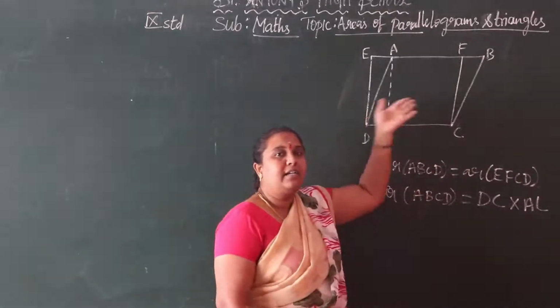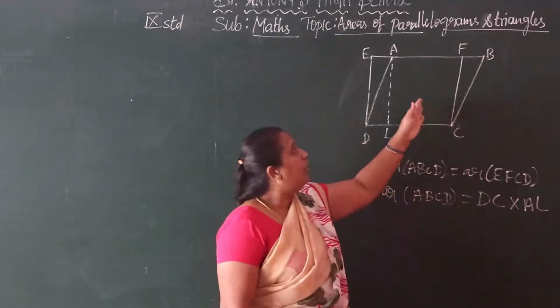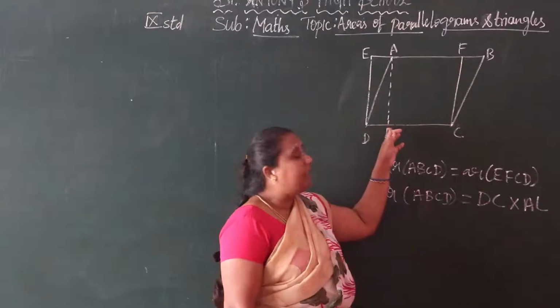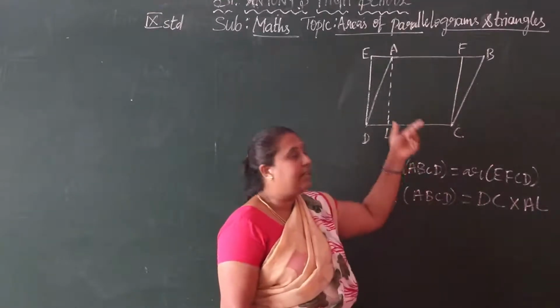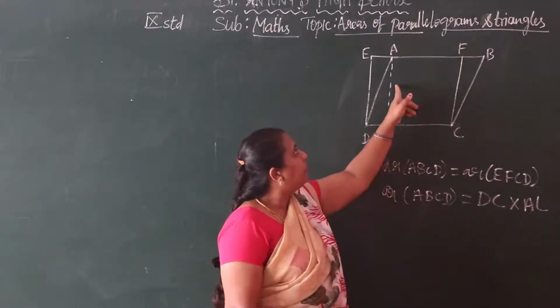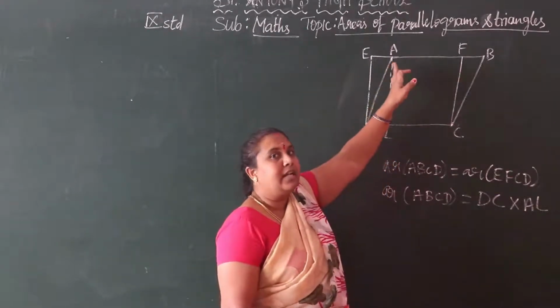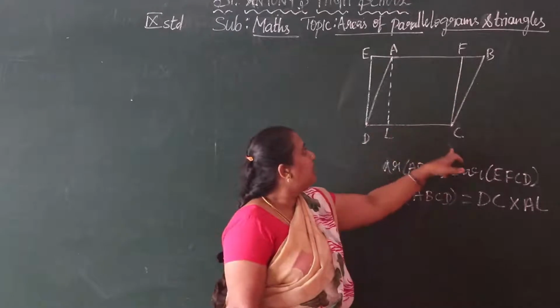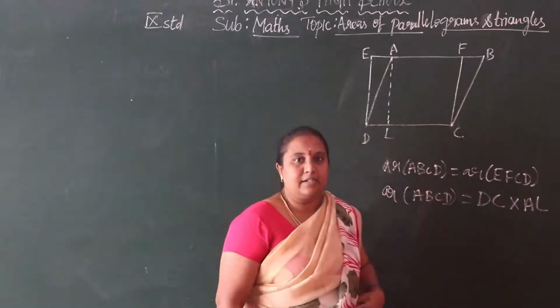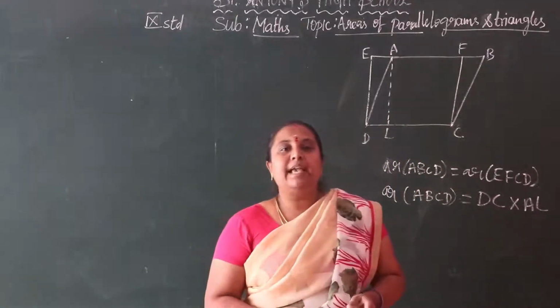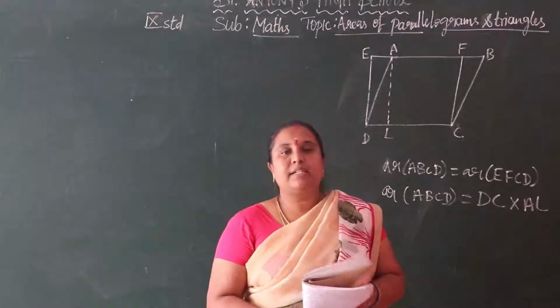So the area of the rectangle and the area of the parallelogram are equal. From that we say area of rectangle equals L into B, where L is DC and breadth B is AL. So area of ABCD equals DC into AL. Is it right?